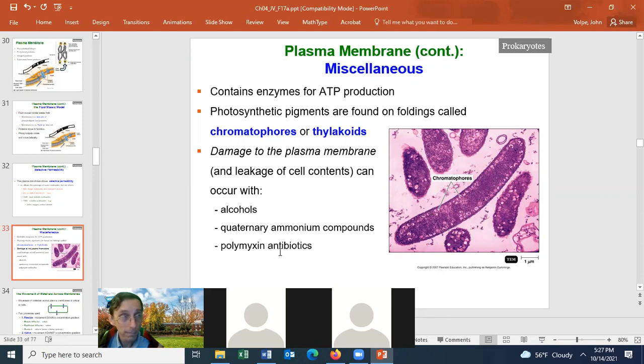And I think, let's see, we're not talking about antibiotics in this class. So it's polymyxin B is the specific antibiotic they give to patients to damage their plasma membranes.